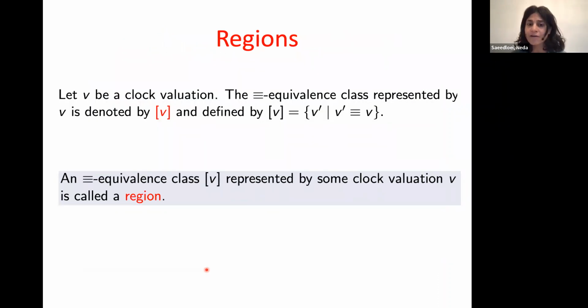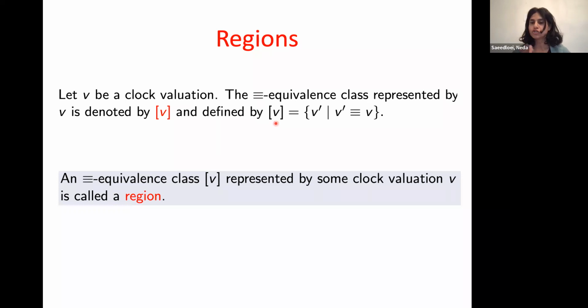So now we define the equivalence classes. If V is a clock valuation, then we define the equivalence class represented by this clock valuation as the set of all clock valuations that are equivalent to V. And equivalence was the thing that we just defined in the previous slide.